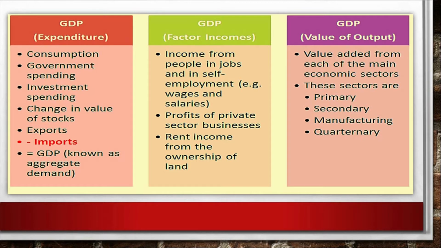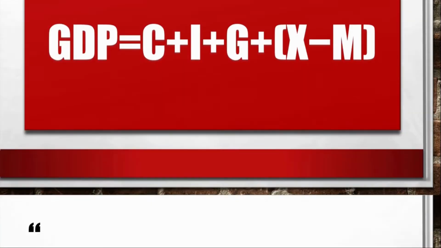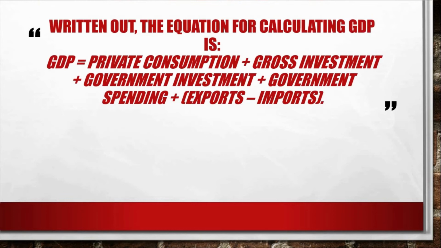The following equation is used to calculate the GDP: GDP is C plus I plus G plus X minus M, where C denotes private consumption, I denotes investment, G government spending, X exports, and M imports. This method is usually called the expenditure method.